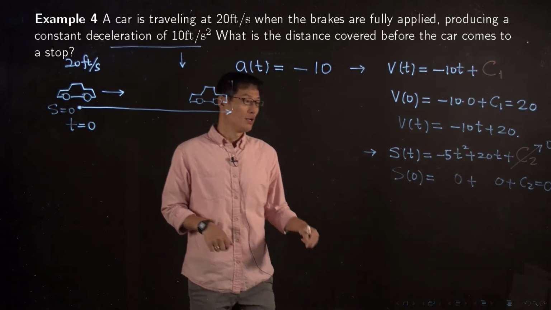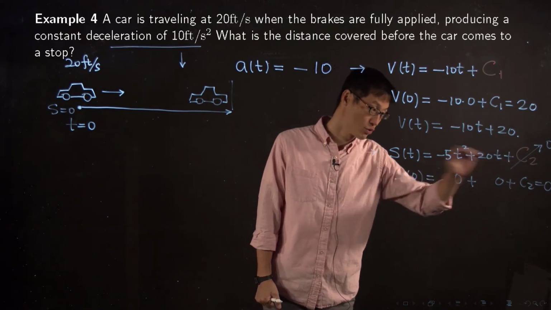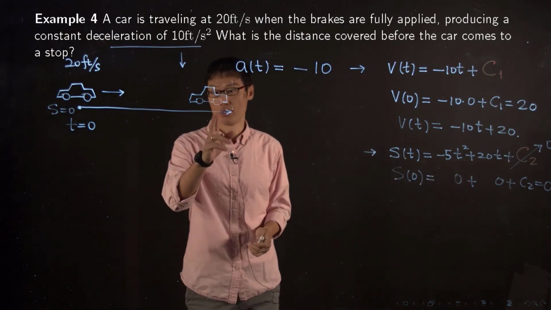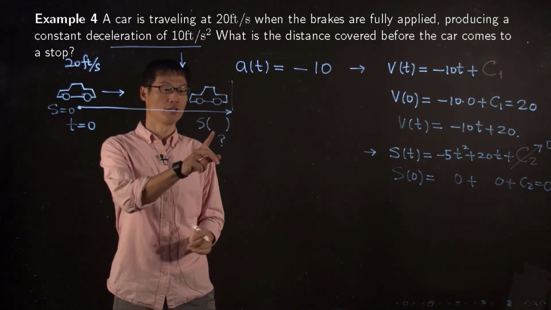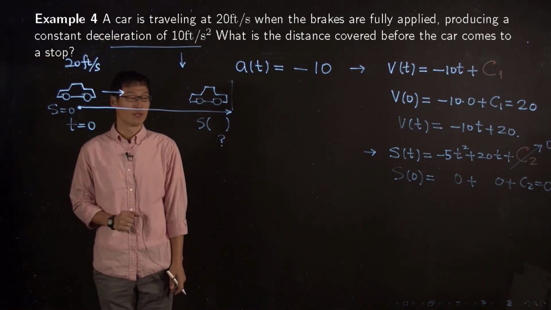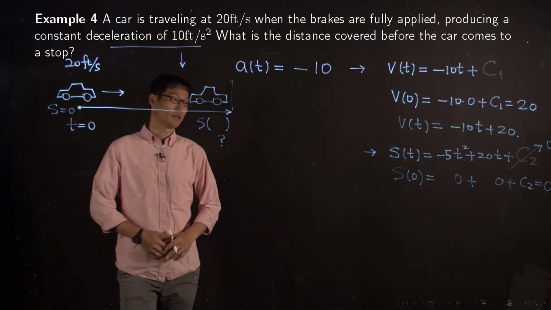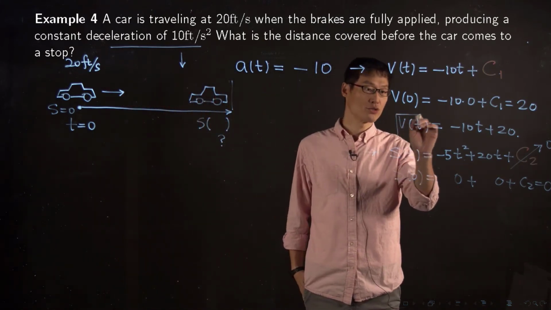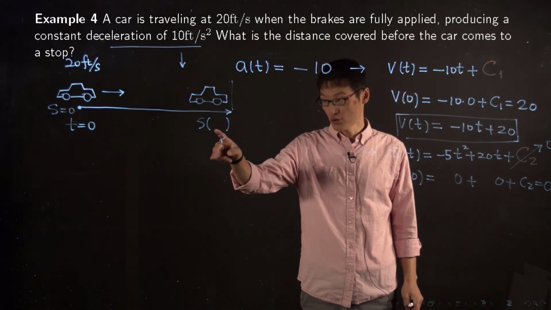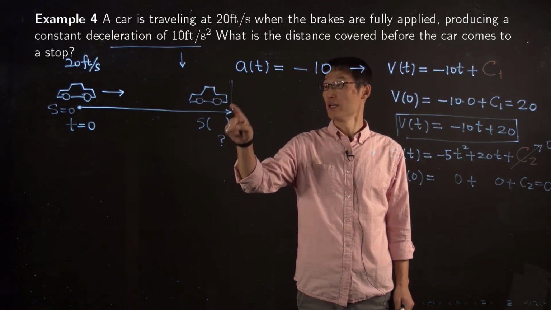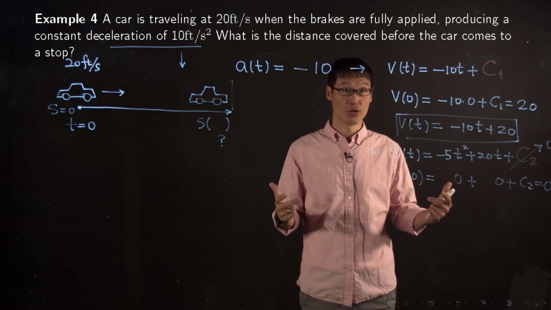Good. Once we figure out the time, we plug that into this position function to get the displacement or the distance, s of something. So we want to find this time. Again, this problem doesn't specify the time, but now that we have full information for the velocity, we can find it. We are interested in the time when the car stops, or when the velocity is 0.